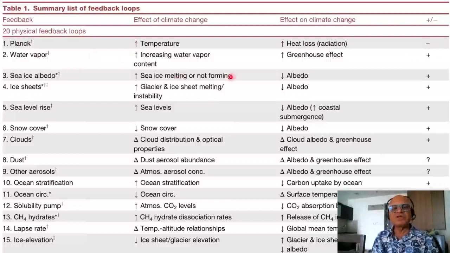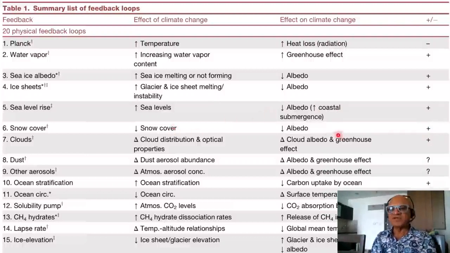Water vapor: increasing water vapor content increases greenhouse effect, so that's a positive feedback. Sea ice albedo, we already talked about decreasing albedo and positive feedback, so more warming. Ice sheets, glacier ice sheet melting and instability, decreasing albedo and positive feedback. Sea level rise can decrease albedo via coastal submergence, so can be a positive feedback, but we have to see how significant this is.